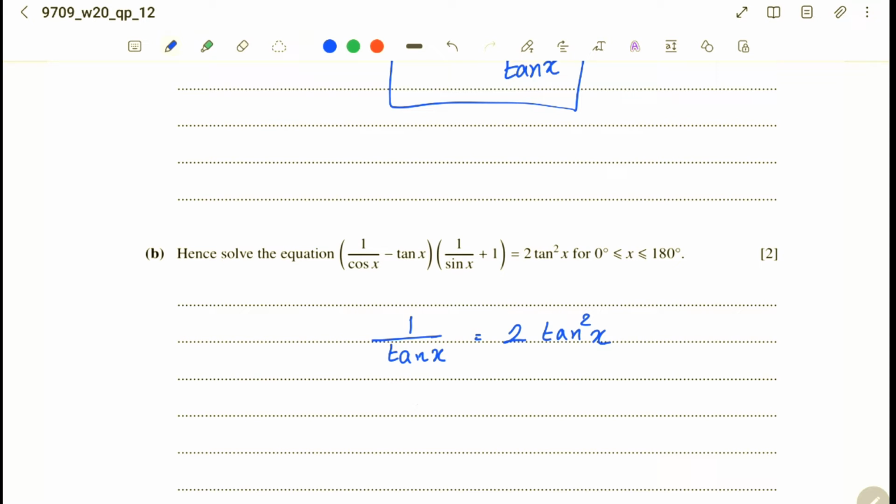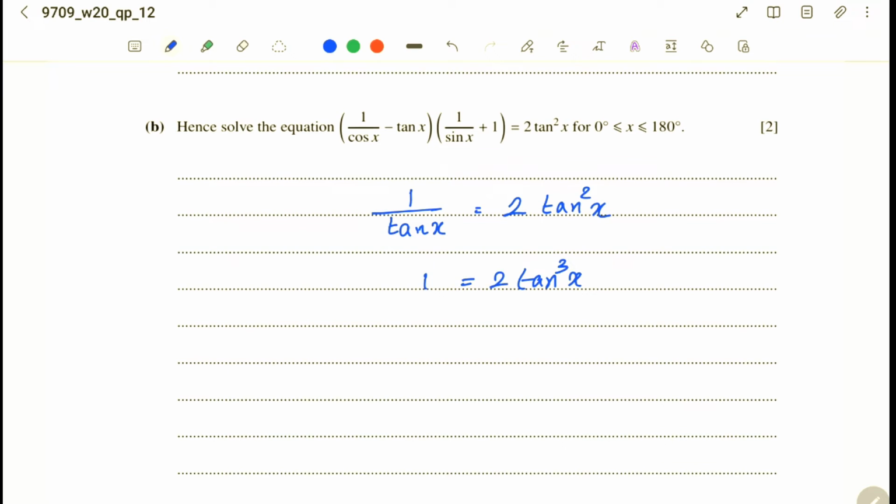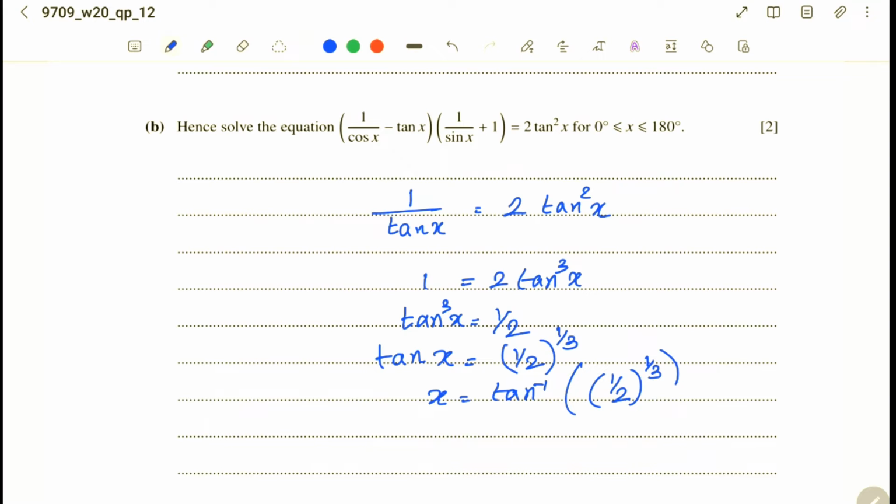This can be written as 1 equals 2 tan cube x, or tan cube x equals 1 over 2, or tan x equals (1 over 2) to the power 1 over 3, or x equals tan inverse of (1 over 2) to the power 1 over 3.